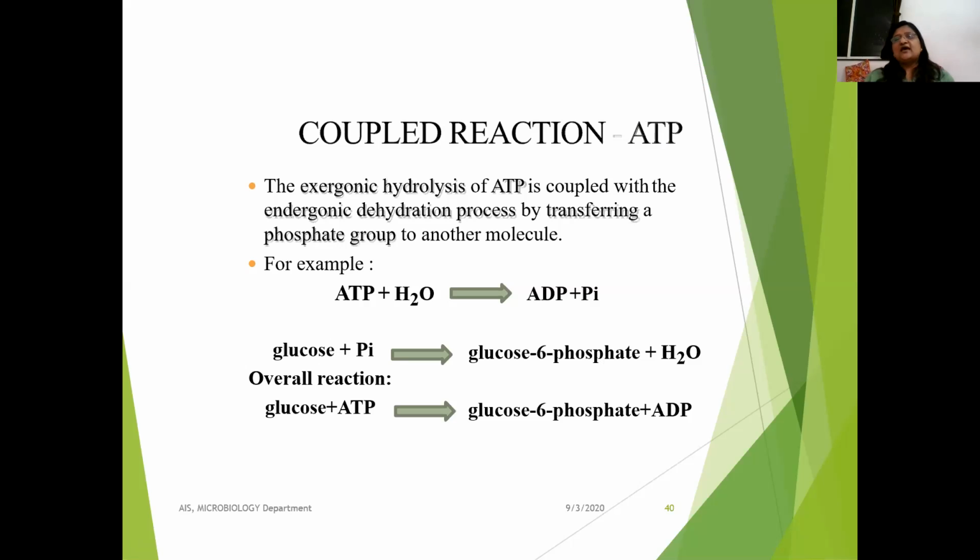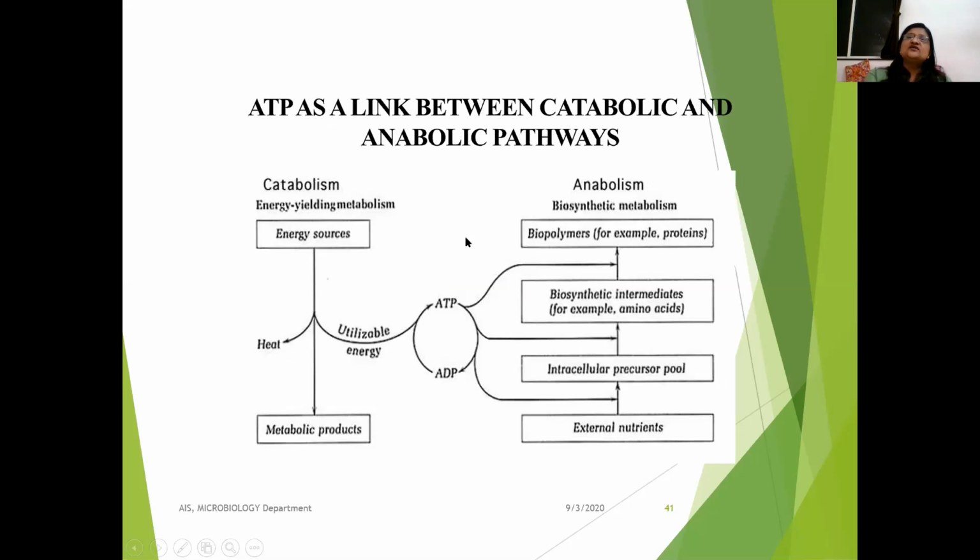This is a high-energy reaction. When you see the overall two reactions, you will find that glucose plus ATP equals glucose 6-phosphate plus ADP.